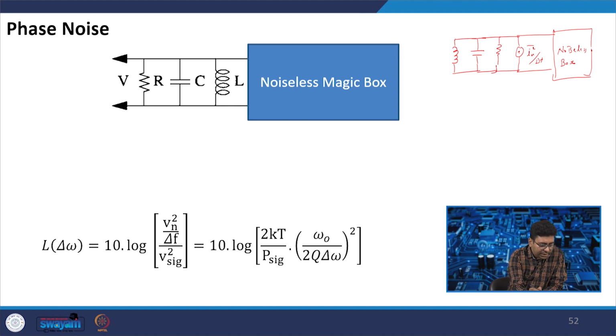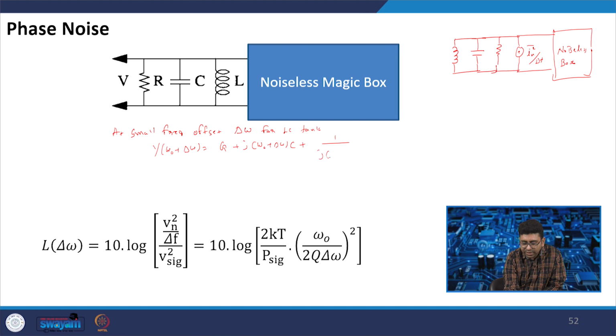We will get, at a small frequency offset delta omega for the LC tank, we can write the admittance Y of omega naught plus delta omega, which is equal to G, if we consider the transconductance G, plus j omega naught plus delta omega C plus 1 by j omega naught plus delta omega L.